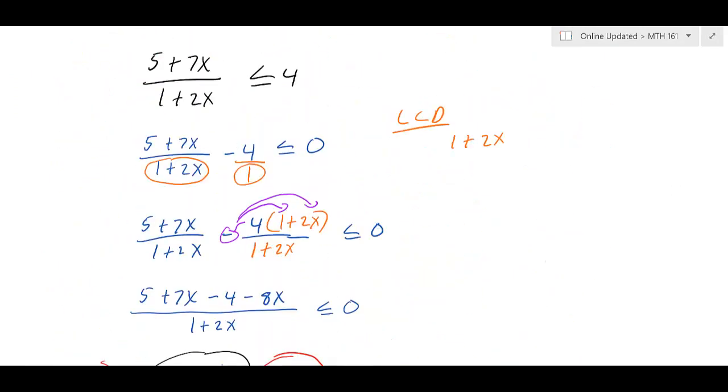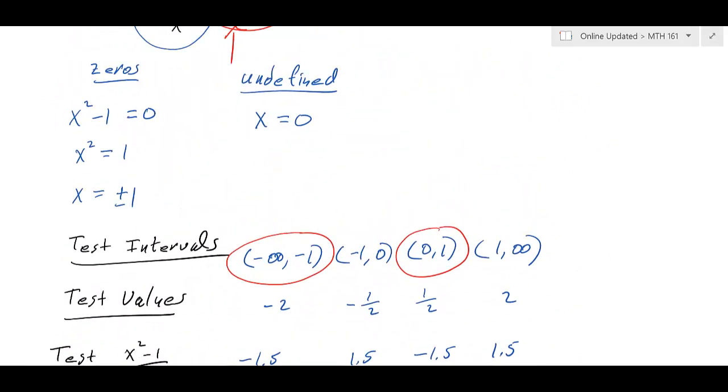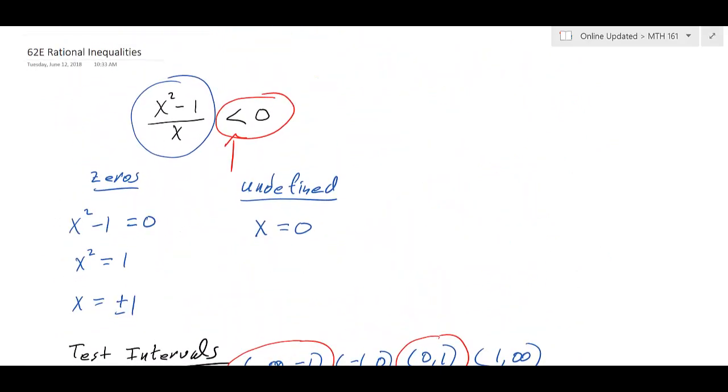So hopefully you can see the connection with the polynomial inequalities that we did in the previous several videos, where we were looking at where the polynomial was 0, and we're doing the same thing by looking at when this rational inequality is 0, but we also have to identify when it is undefined. So the extra step here is setting that denominator equal to 0.